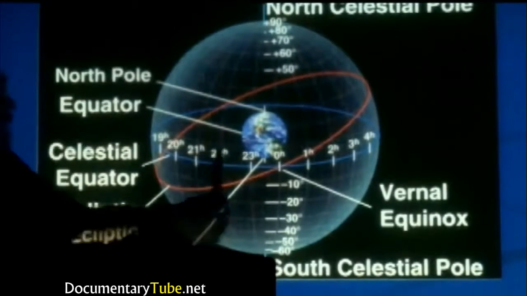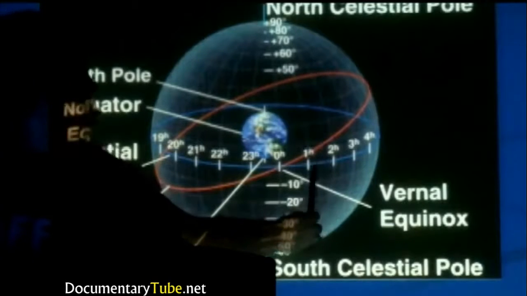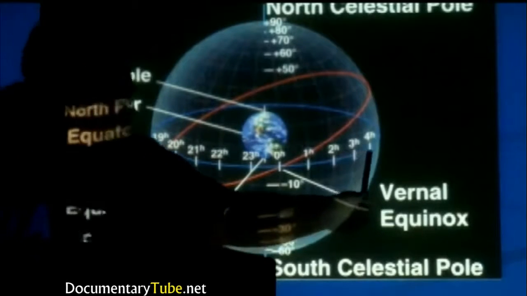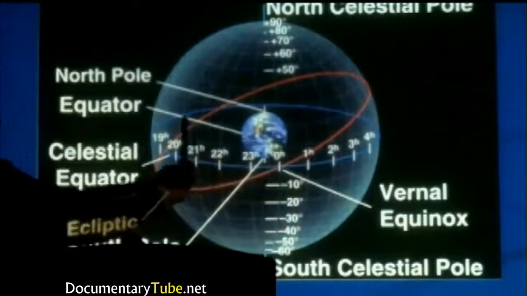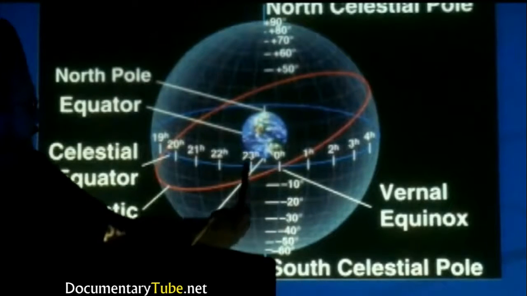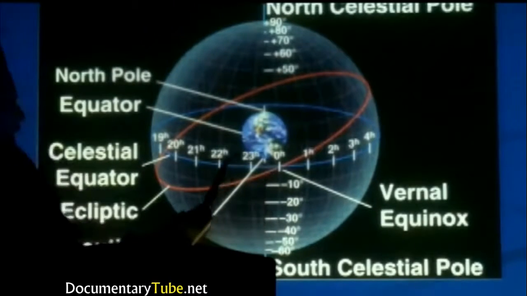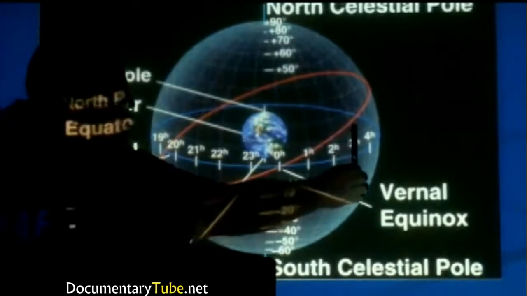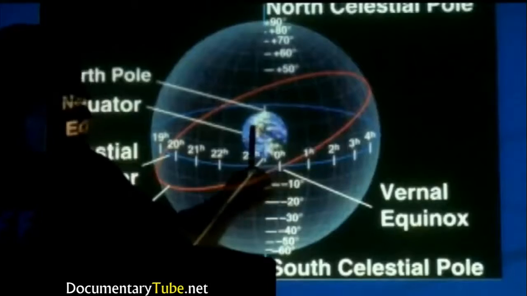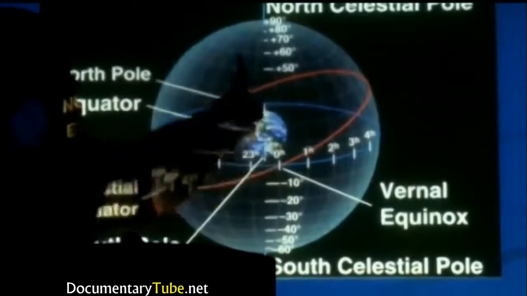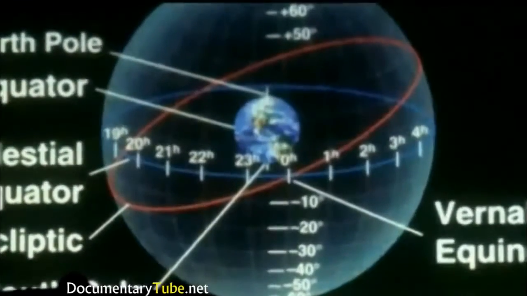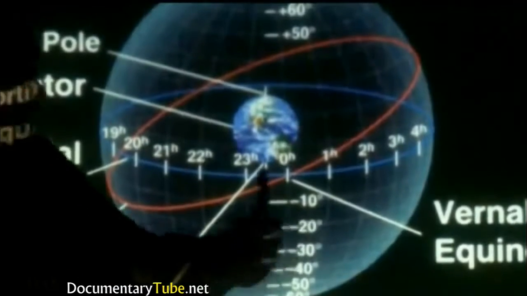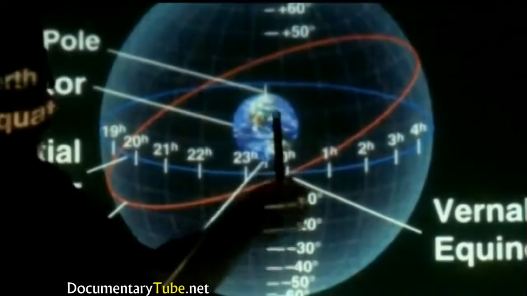Now if we look at our right ascension time, you've noticed how we have 1 hour, 2 hour, 3 hour, 4 hour, wraps all the way around, comes around to 23 hours, and then it resets at 0 hours. So notice that these lines are analogous to our longitude lines. It's almost like longitude that just extends straight out into space. This also shows you the vernal equinox, right at 0 hours.